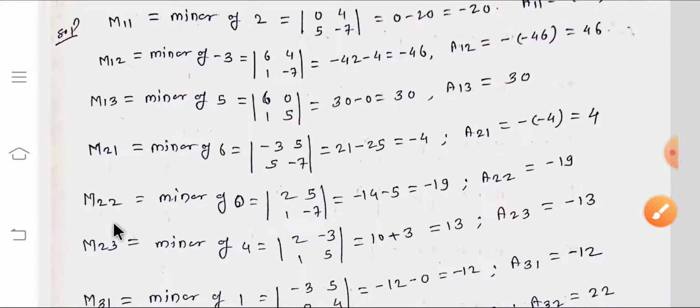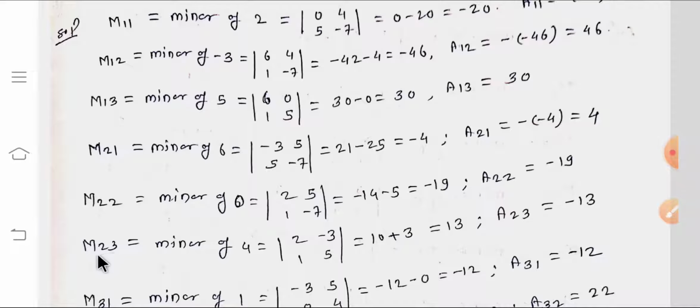Similarly M22, the minor of 0, is minus 19, and the cofactor A22 is minus 19, because second row second column has a plus sign.